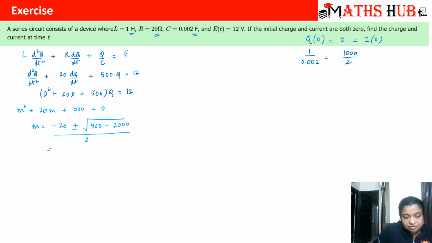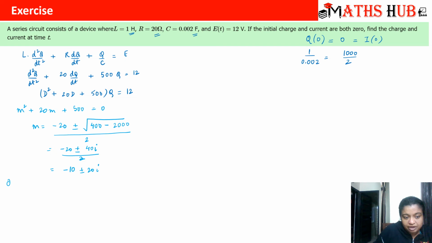So that turns out to be minus 20 plus minus root of minus 1600, so it is 1600 root minus 1. So 1600 will become 40 iota by 2. So that is how much? You divide it by 2 and we get the result as minus 10 plus minus 20 iota, right?